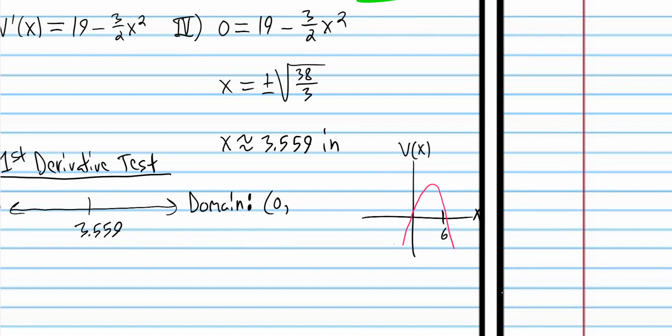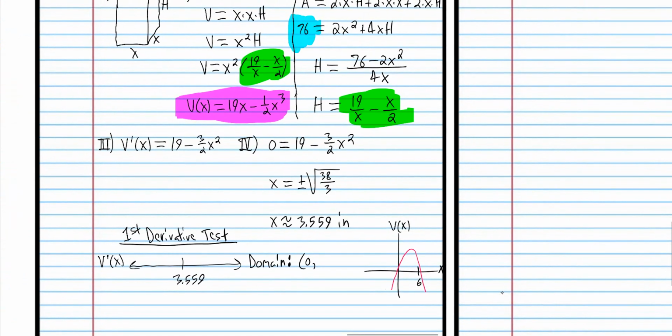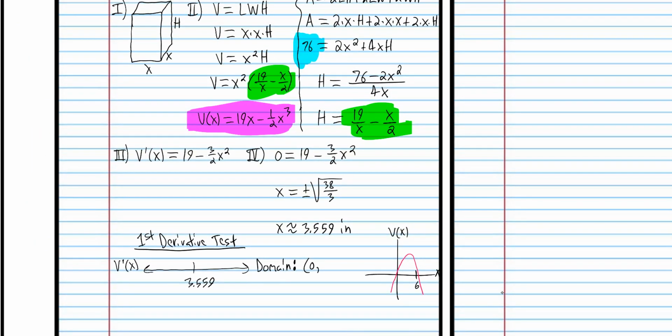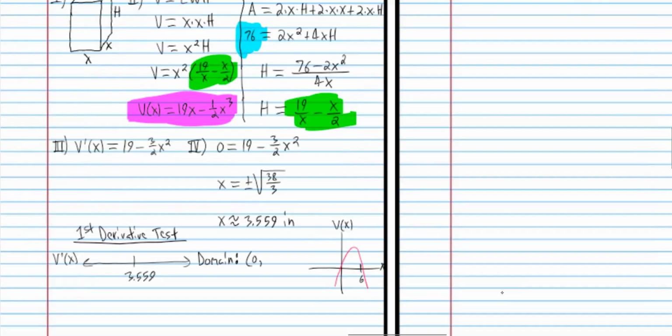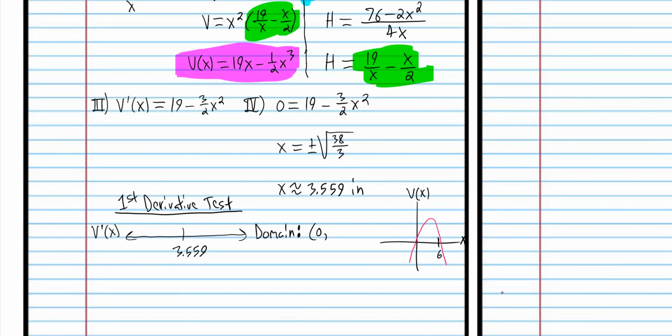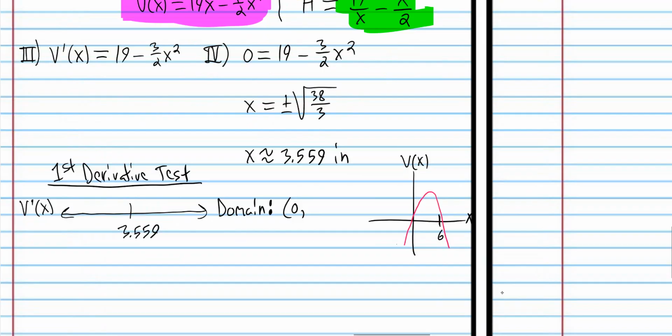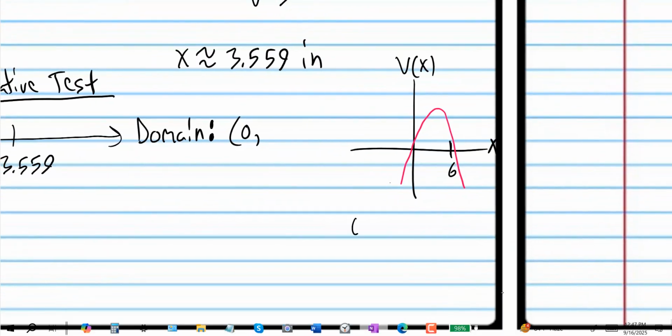So the big question is, how do we know this orange number to put there for the upper bound? We would have to do some math in order to figure out that number, or you could just use your graphing calculator. In order to actually do the math, you would have to set the volume, basically you just find the x-intercepts of this graph. So set this volume equal to 0 and solve for x. If you did that, you would get the following.